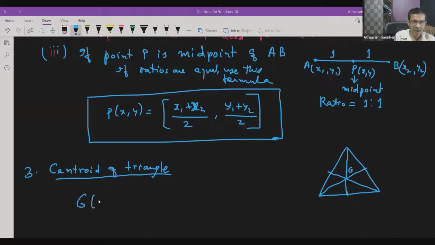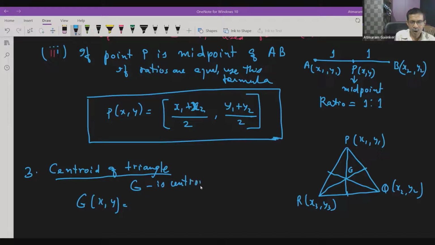And centroid G, x comma y, and if these points are P, x1 comma y1, this is Q, x2 comma y2, this is R, x3 comma y3. If this is there, then G, x comma y, the coordinates of the centroid, are simple: x1 plus x2 plus x3 divided by 3, and this side it will be y1 plus y2 plus y3 divided by 3.